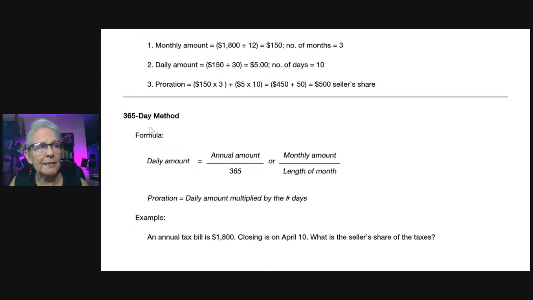On a 365-day method, the formula would be daily amount equals annual divided by 365 versus 360, or monthly amount divided by the length of the month. So proration equals daily amount multiplied by the number of days of that month.